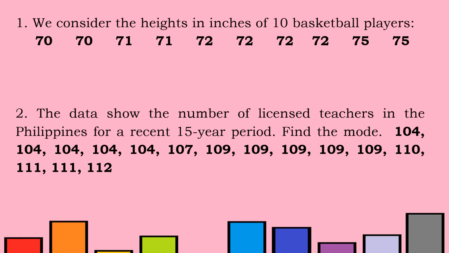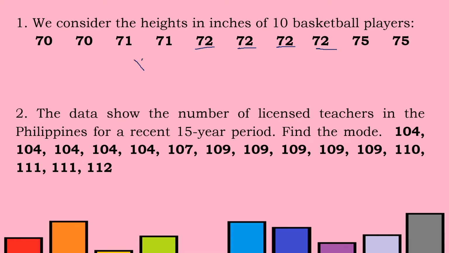We consider the heights in inches of the 10 basketball players. By the way, you don't actually need to arrange the data in ascending or descending order, but it is easier for us to find the most frequent or greatest frequency of the data set. So, in example number 1, 72 is the greatest frequency, right?